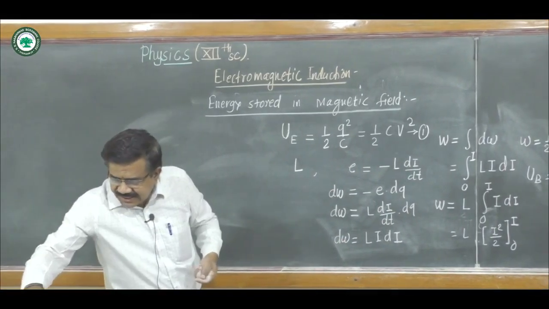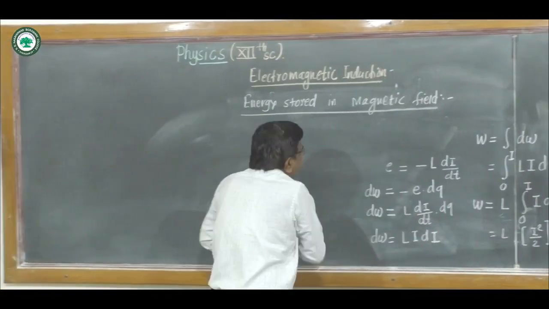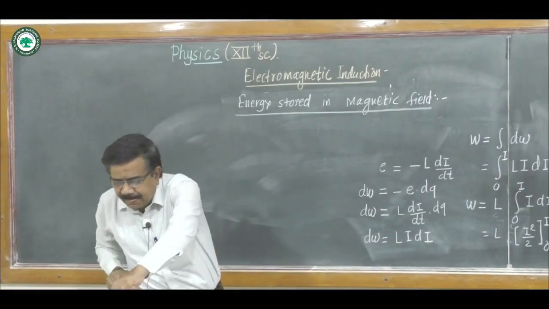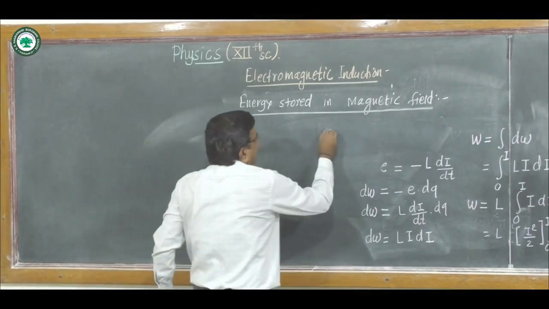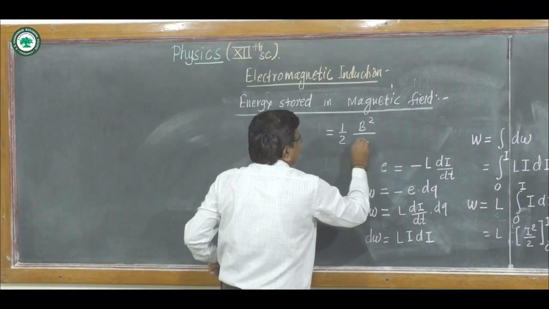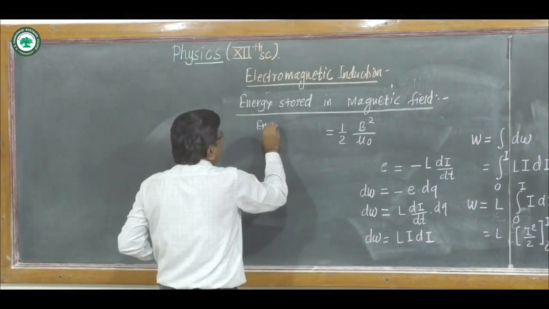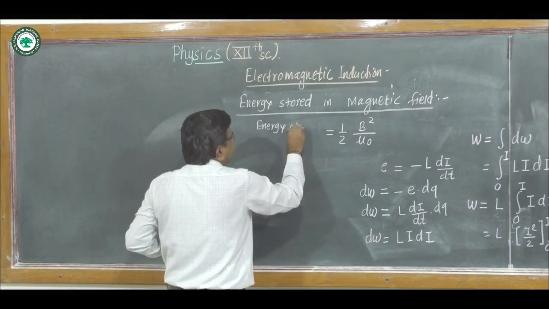Again, energy stored per unit volume in a magnetic field is 1/2 B square upon mu 0.